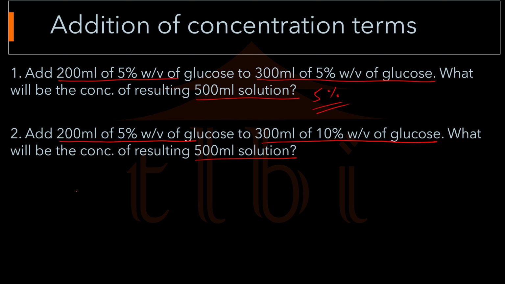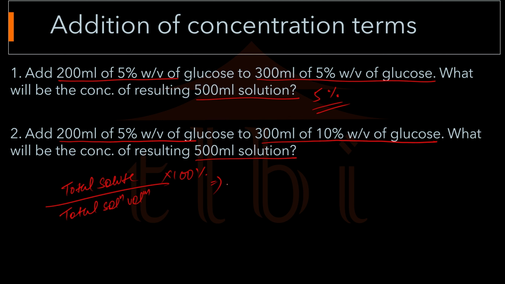So the easy way to calculate this is find how much is total solute and divide by total solution volume, and obviously you multiply this by 100%, right?